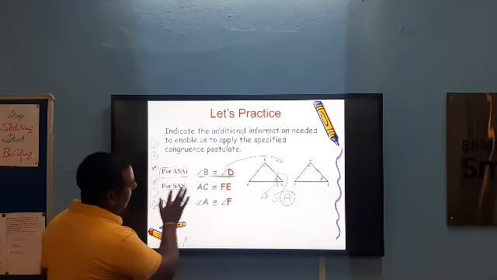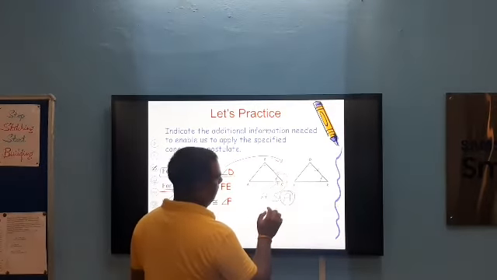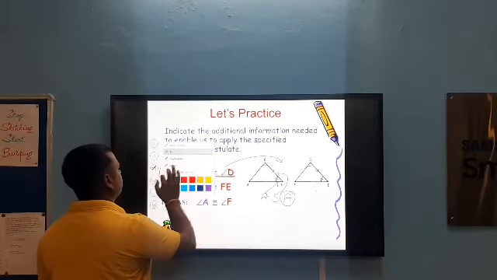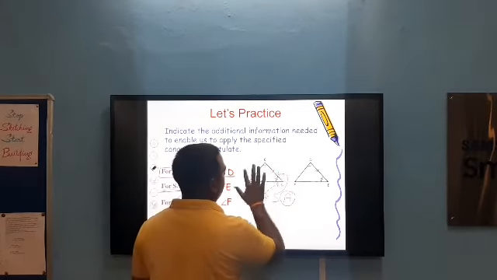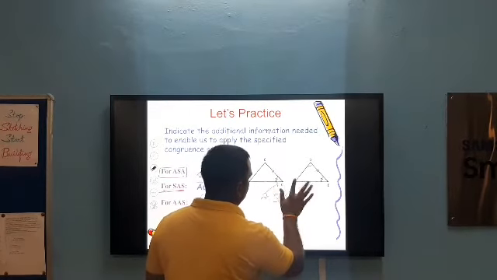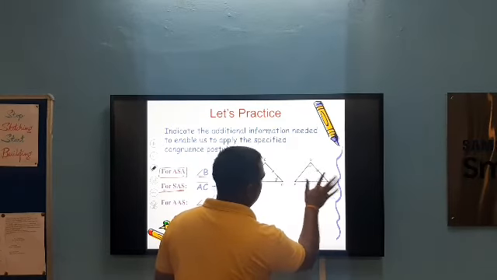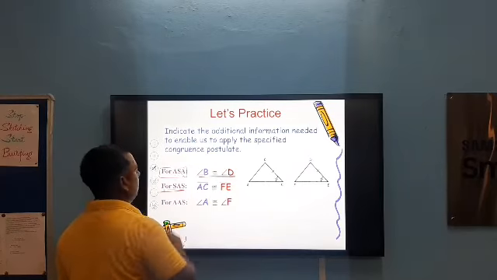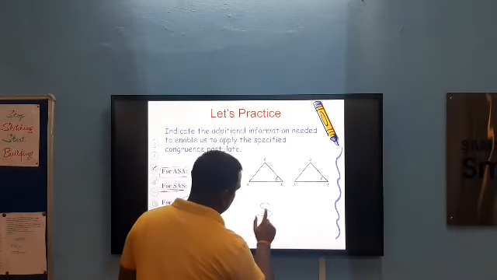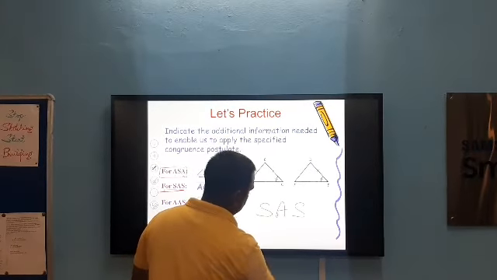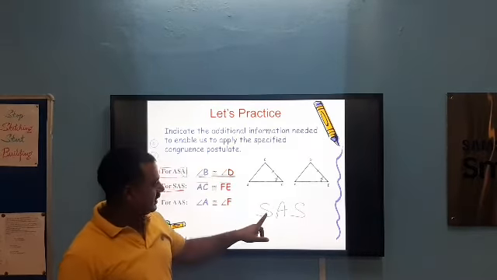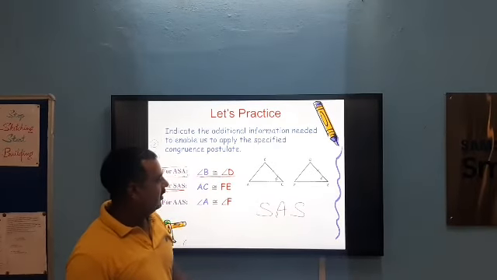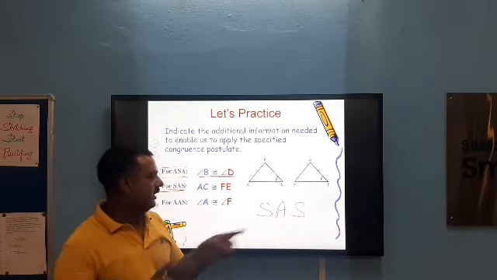For SAS, from this diagram, SAS means side, angle, side. We must know two equal sides and the included angle.